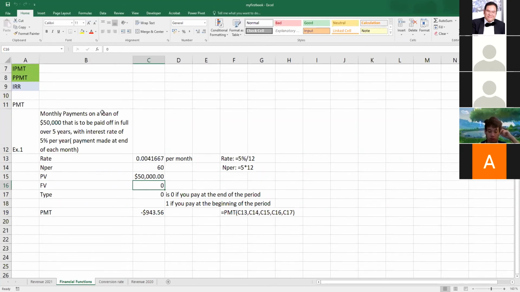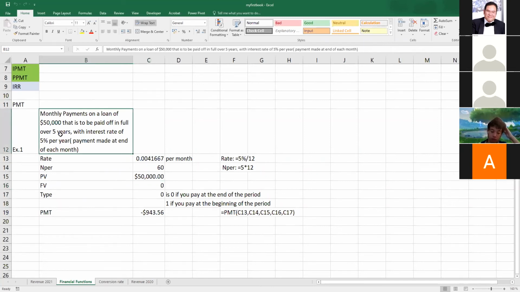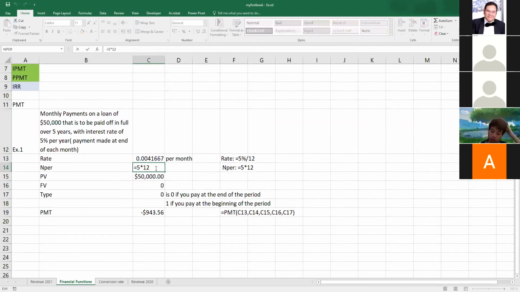As in this problem you want to pay monthly, the period you set up must be the number of months. So you have to convert 5 years to the number of months first. In this case, I multiply 5 years by 12 months, as each year has 12 months, so there will be 60 months. NPER, or number of periods, is 60 months.